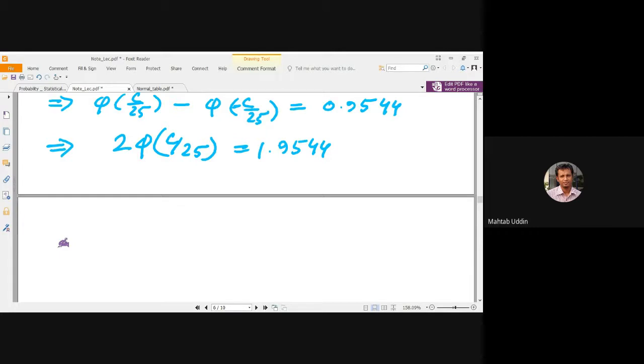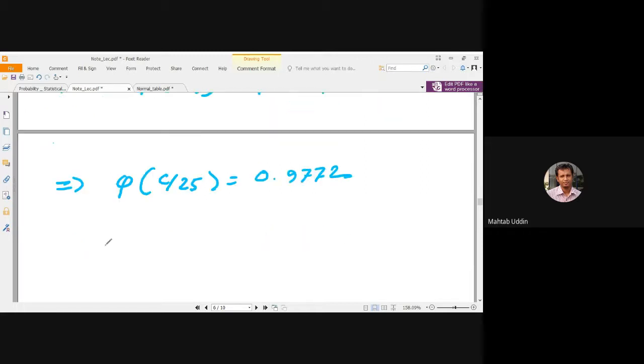So phi of c by 25 is equal to 0.9772, and from the table you can check that this is the probability of 2. So what is c here?